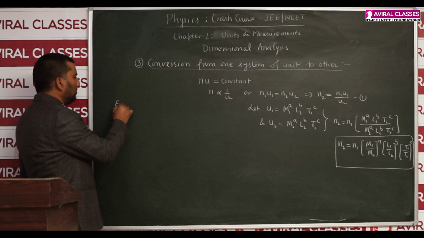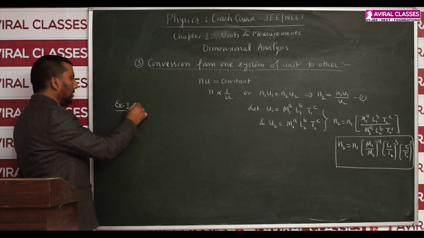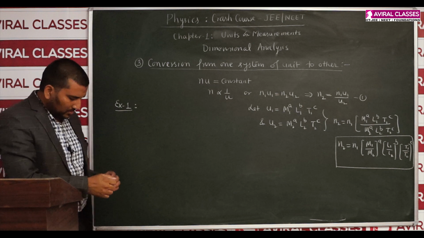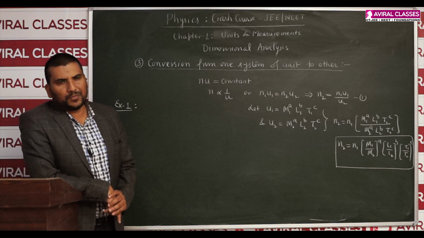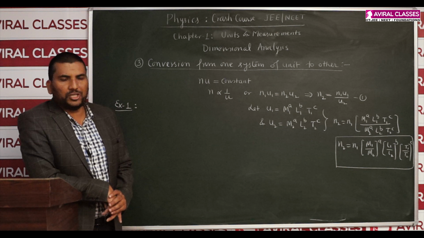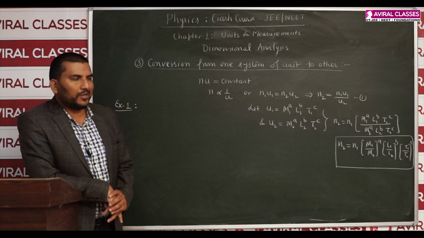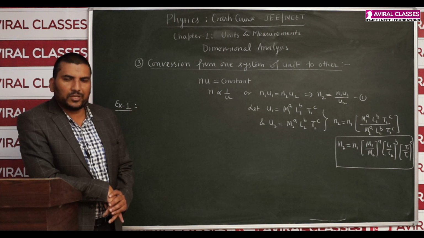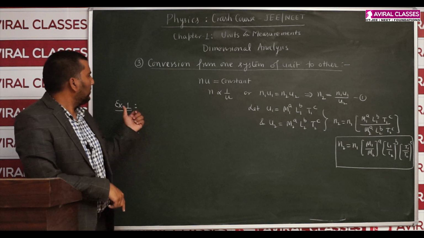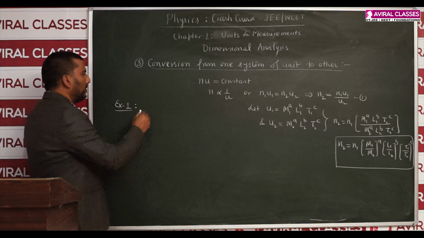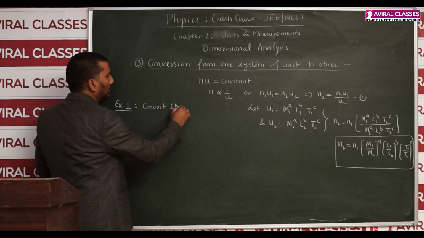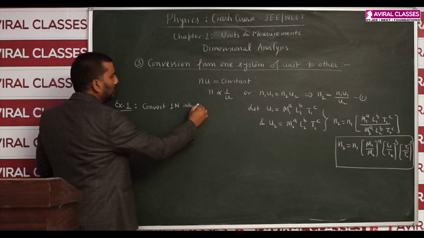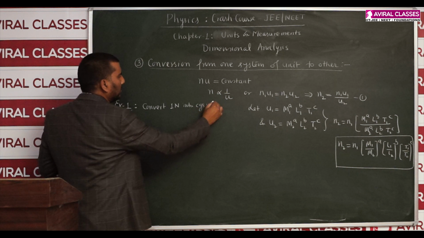Very first question, I think this question is covered in almost all classes of 11th by each teacher of any school, CBSE, ICSE, state board or JEE or NEET. They all cover this example: convert 1 Newton into CGS unit.